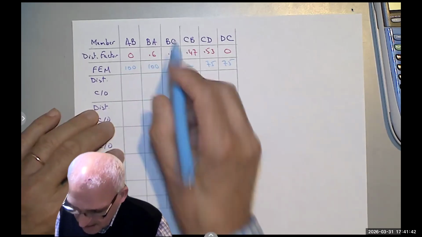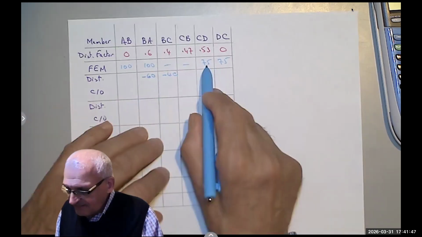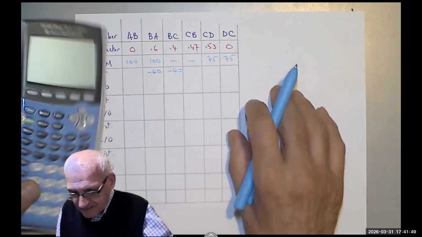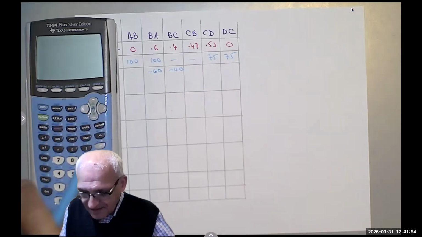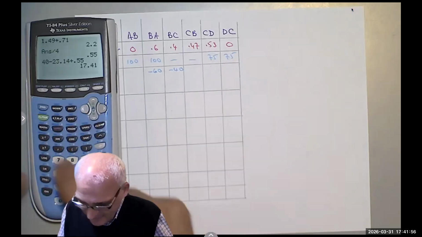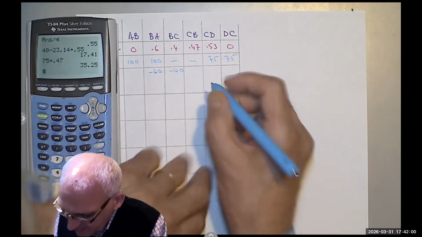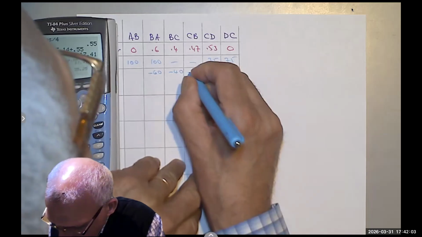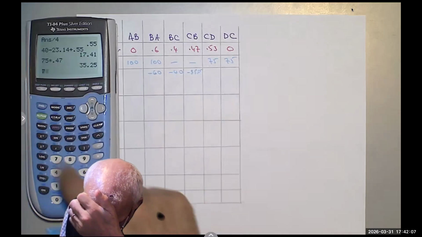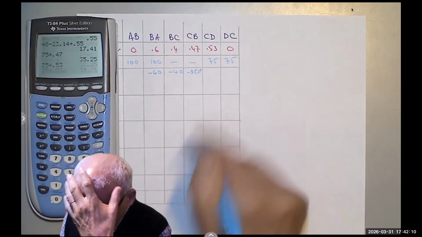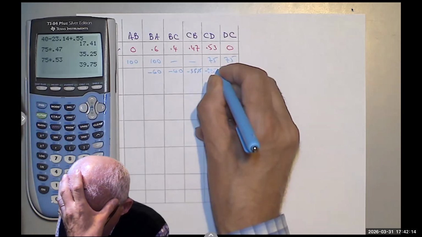So we will start. That's easy. The 100 would be negative 60 and negative 40. And the 75, maybe we could have made that 100 would be easier because we are multiplying by that ratio. 75 times 0.47, I get 35 and a quarter, so negative 35.25, and 75 times 0.53 is 39.75, negative 39.75.